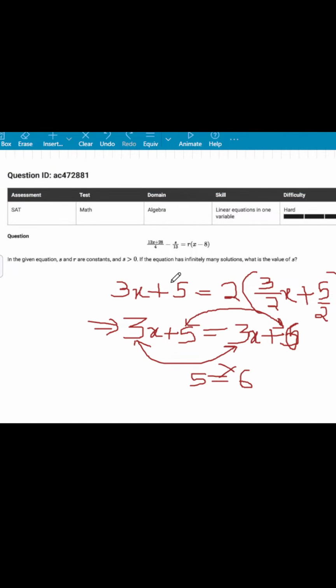From this we know that for infinitely many solutions, since it is a linear equation, the coefficient of x to the power 1 and the constant term should both be equal on LHS and RHS. So let us solve it from that concept.